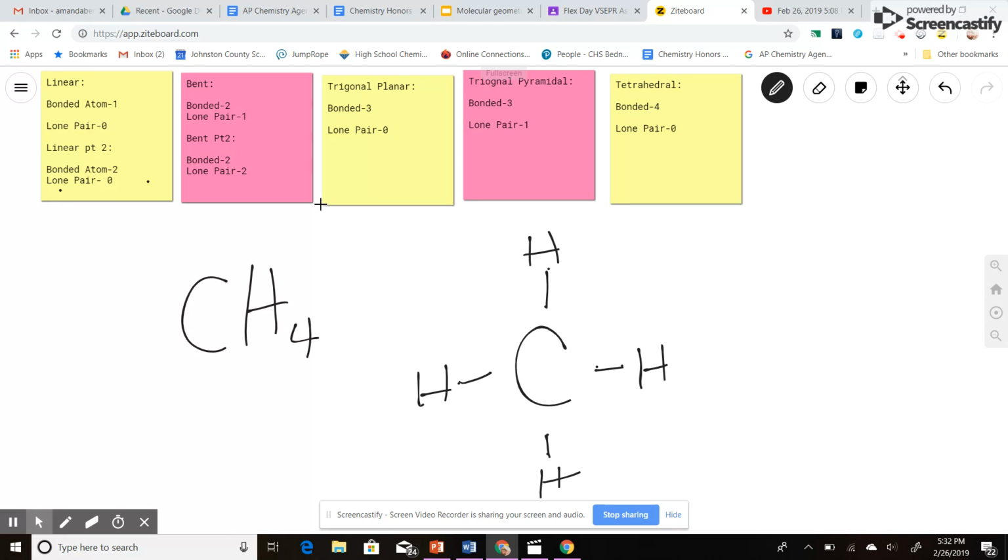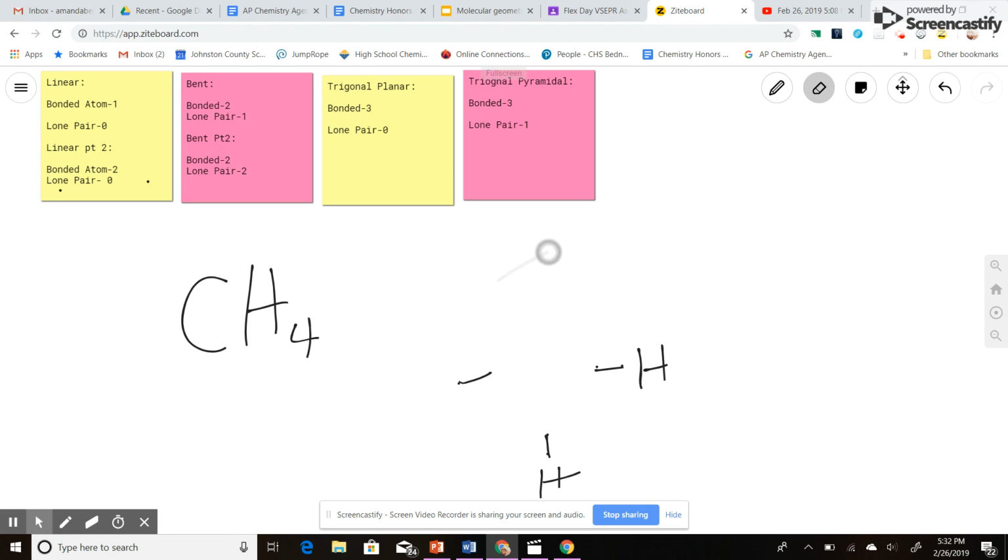So just a quick review, you need to know 5 shapes. You need to understand the linear molecular geometry, the bent, trigonal planar, trigonal pyramidal, and tetrahedral. So remember, when we're going over each of them, and you can go back and rewatch that first video, probably pretty rough, but gets to the point.